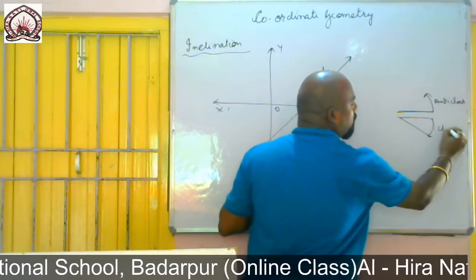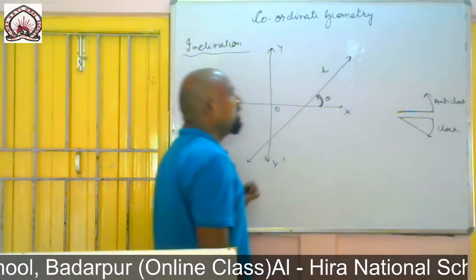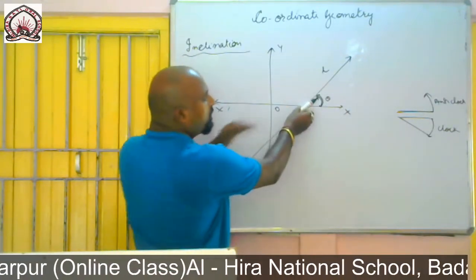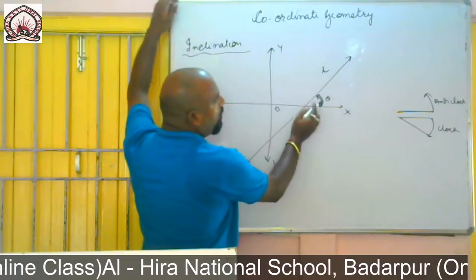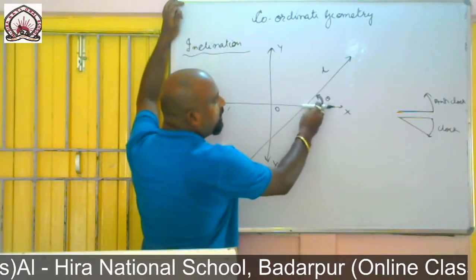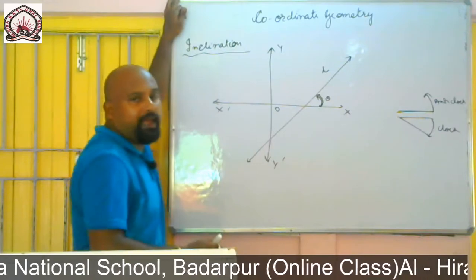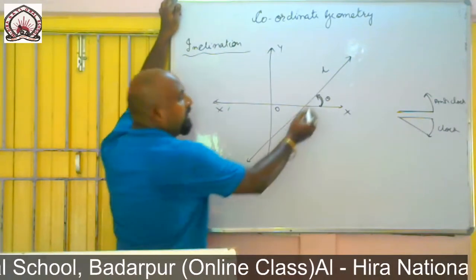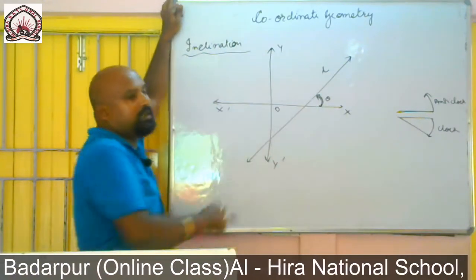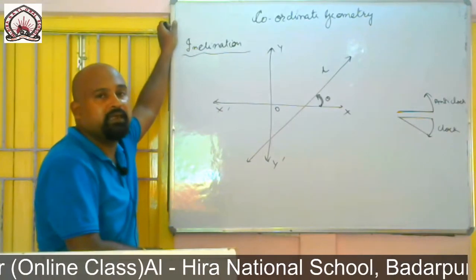Now this is the line which makes an angle theta with the positive x axis. This angle theta is known as the inclination of the line.